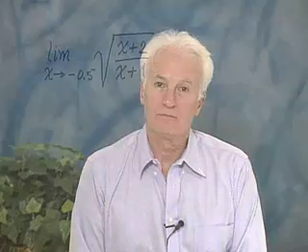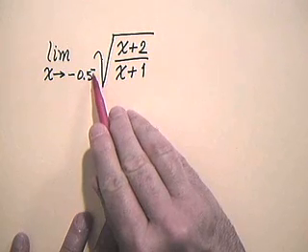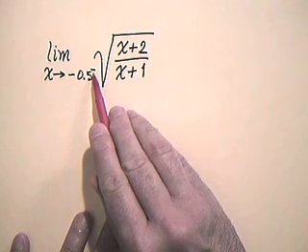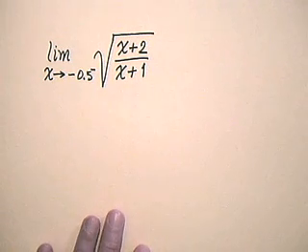Let's look at another example where we examine a one-sided limit. Here I have the limit as x approaches negative 0.5 from the left. Notice that little superscript negative sign up there is telling us we're dealing with a one-sided limit.